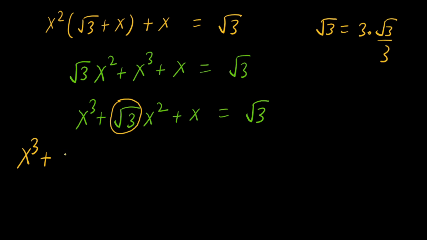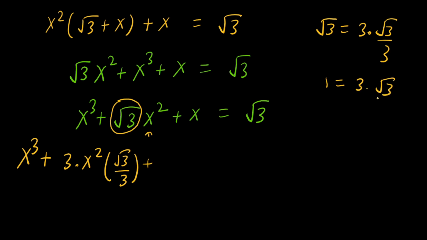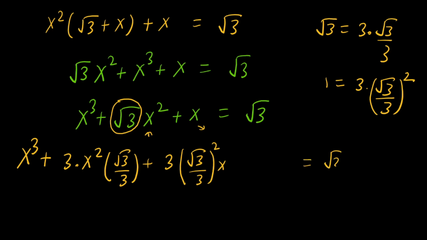Then here 3 times, first we write x square and then square root of 3 over 3, plus, and here 1 is the same as 3 times (square root of 3 over 3) squared, then 3 times square root of 3 over 3 and then square, and rewrite this x equals square root of 3.